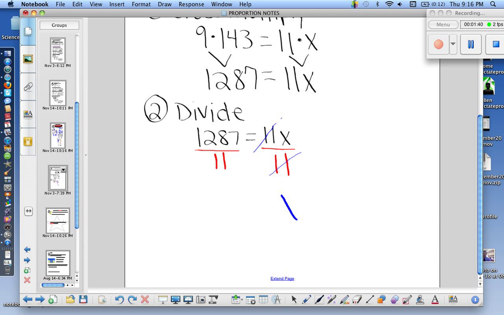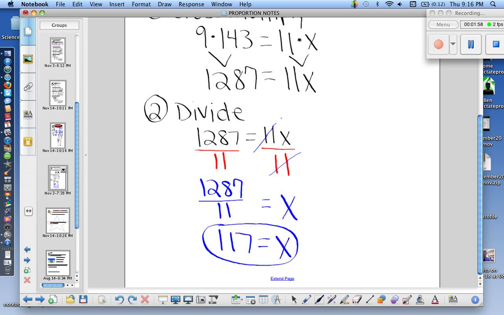So we're just left with x, and we need to figure out what 1287 divided by 11 is. You can go ahead and use your calculators for that, and you should get 117 is equal to x. And that's the final answer. If there are any questions, pause the video and rewind it to the steps that you still need help with.